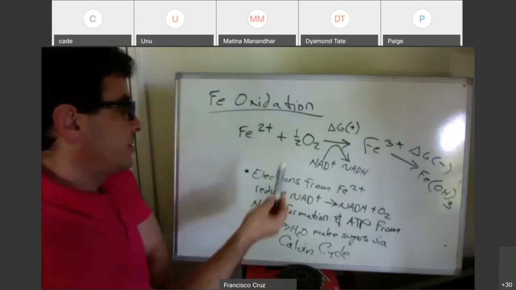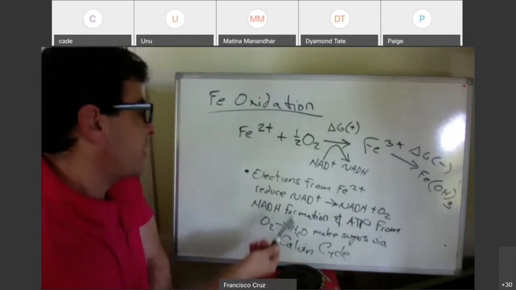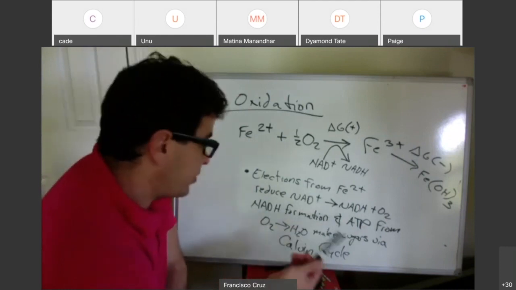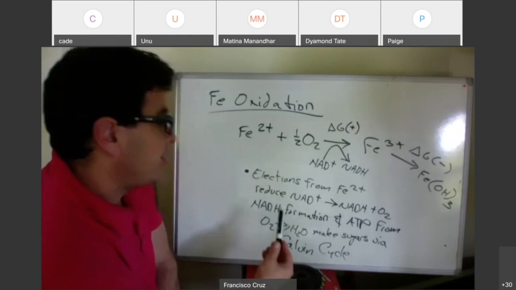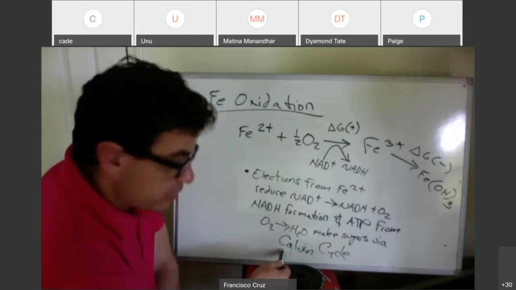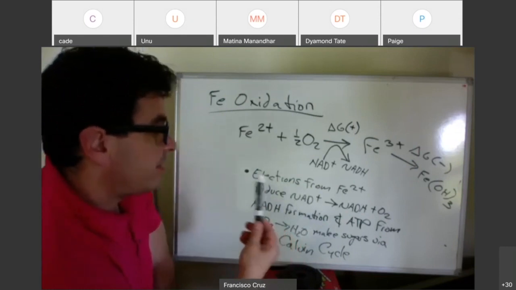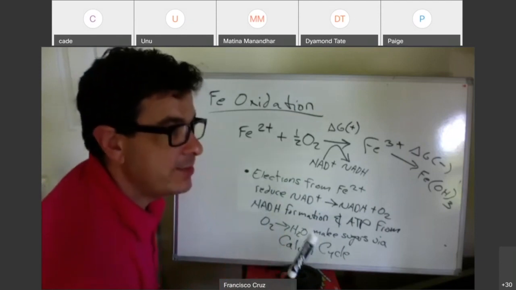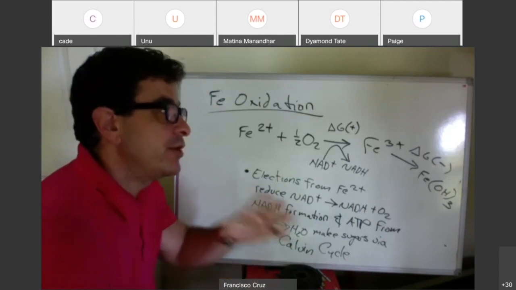So in other words, this is another way of saying that NADH formation and ATP formation from respiration drives the energy that converts CO2 to sugars. In photosynthesis, we know that light energy drove the synthesis of NADPH and ATP, and then we were able to take CO2 with that NADPH and ATP and make sugars.